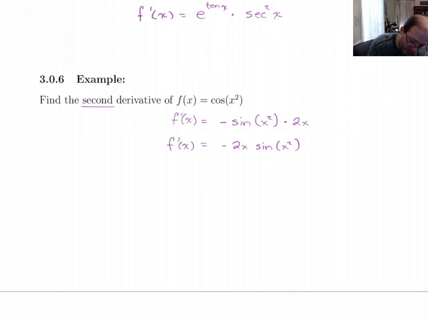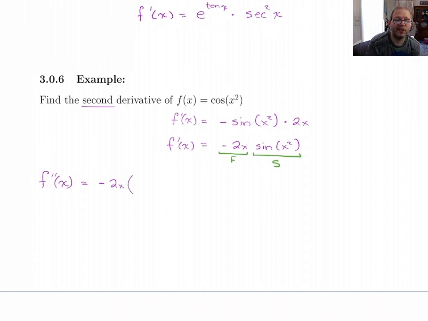Now I'm going to rewrite this as minus 2x sine of x squared. And now we're going to do the second derivative, so we need the product rule here. I'm going to make this my first and this my second. So when I do f double prime, I'm going to come over here so I have plenty of space. We do first times the derivative of the second. Now, when I do the derivative of the second, I have to use the chain rule.